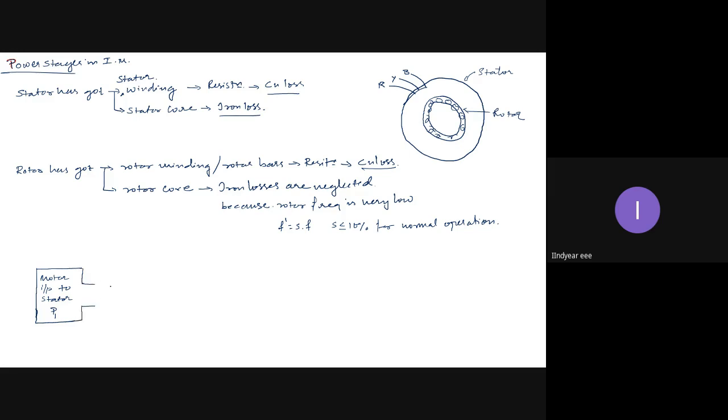Then this power P1 first satisfies stator copper and iron loss.